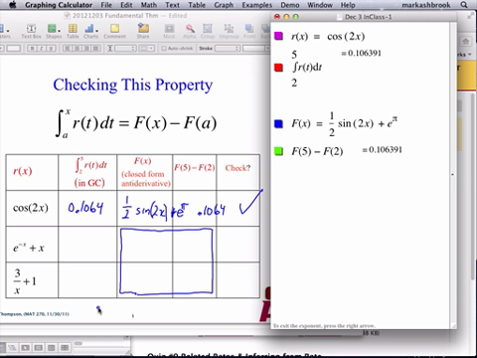Closed form. Let's see. Lauren, what would you get for closed form for e to the minus x plus x? E to the minus x plus 1/2 x squared. So let's take the derivative of it. What's the derivative of e to the minus x?